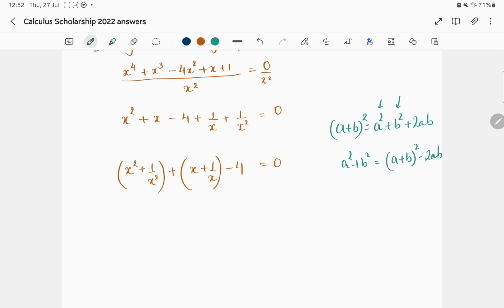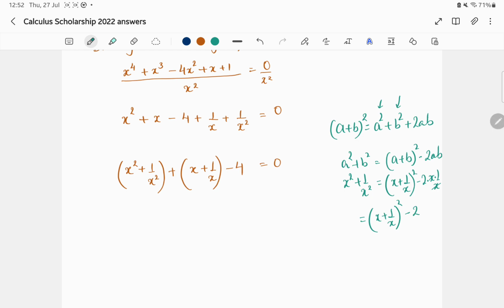So here, instead of a and b, we have x squared plus 1 over x squared, we can write it as x plus 1 over x whole squared minus 2 times x times 1 over x, right? So this will give us x plus 1 over x whole squared minus 2, and the x and 1 over x cancel. I hope this makes sense.